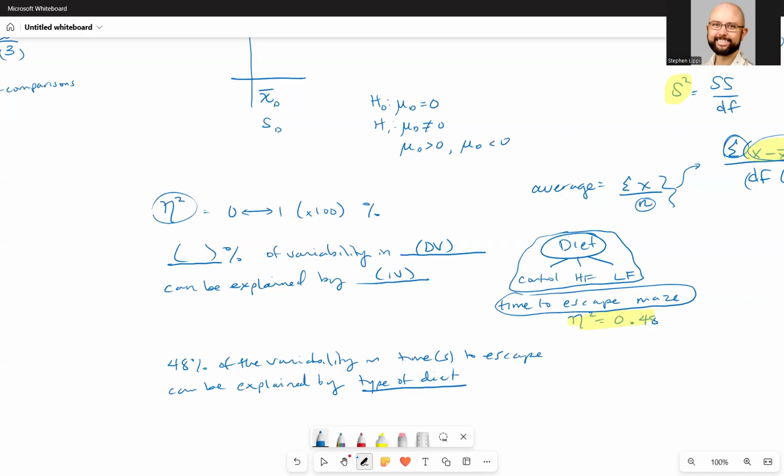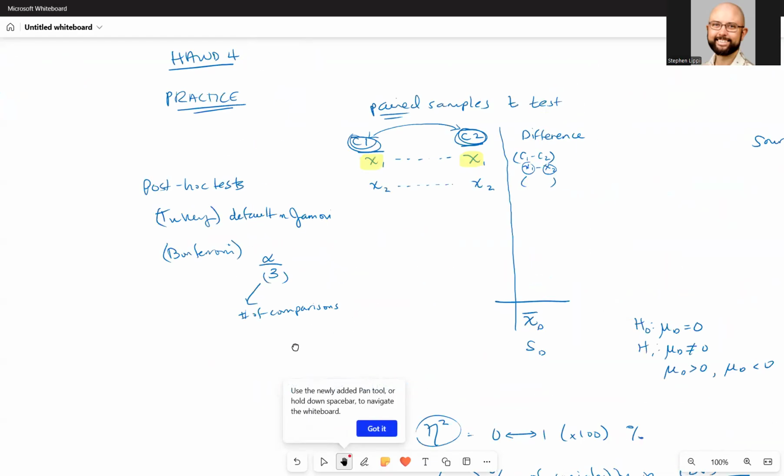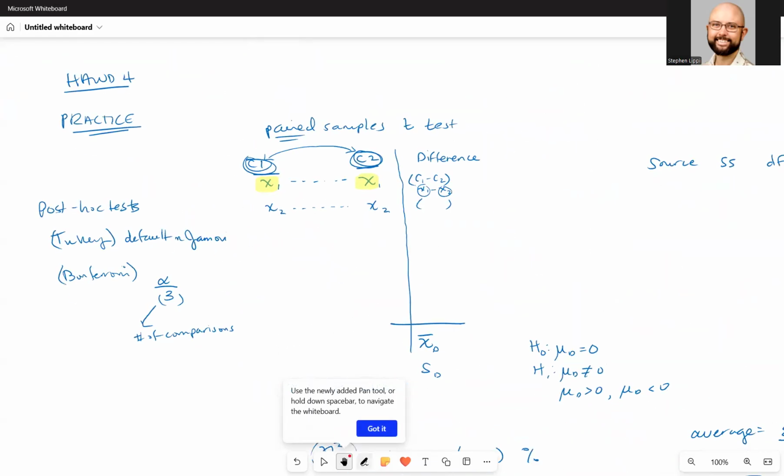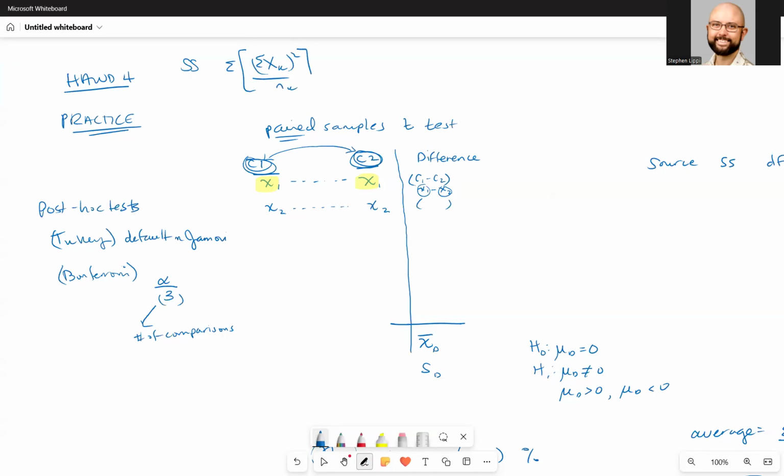Other questions, again relating to what I had mentioned in the beginning, are just about practice. For instance, a lot of the formulas for solving for sums of squares in ANOVA, we have this formula here: sum of x sub k squared over n sub k minus sum of x's squared over n.